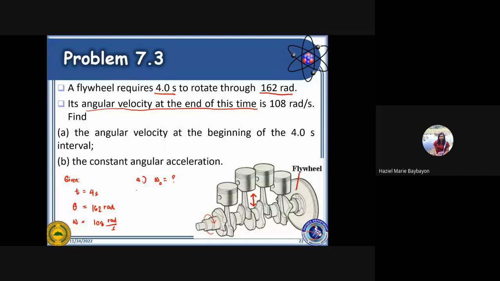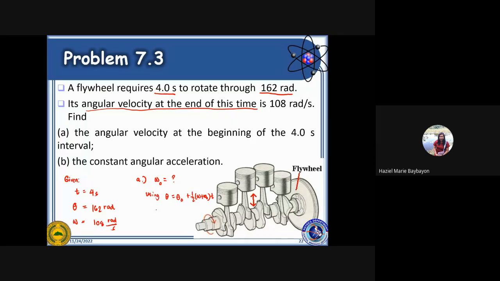So using equation number 3, using theta equals theta naught plus 1/2 of omega plus omega naught times time. So this is the third equation.